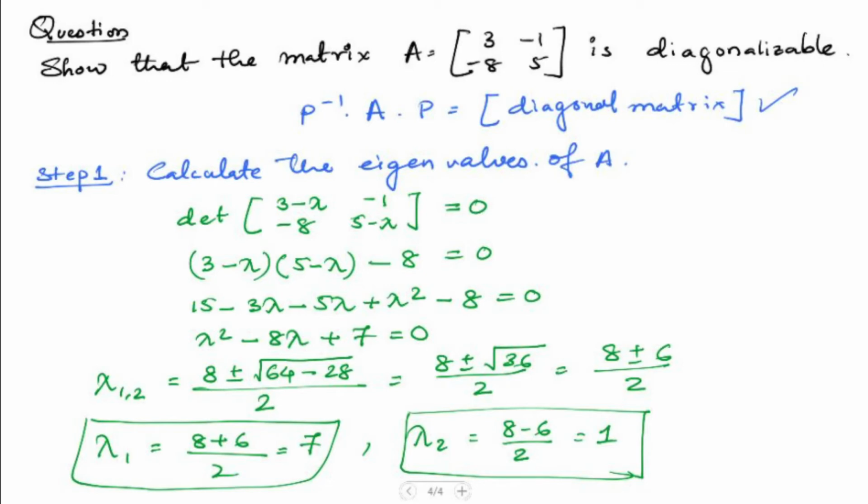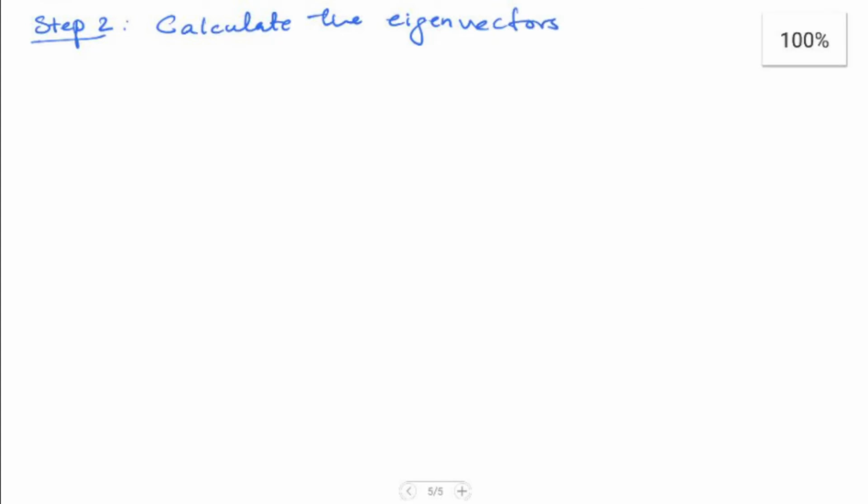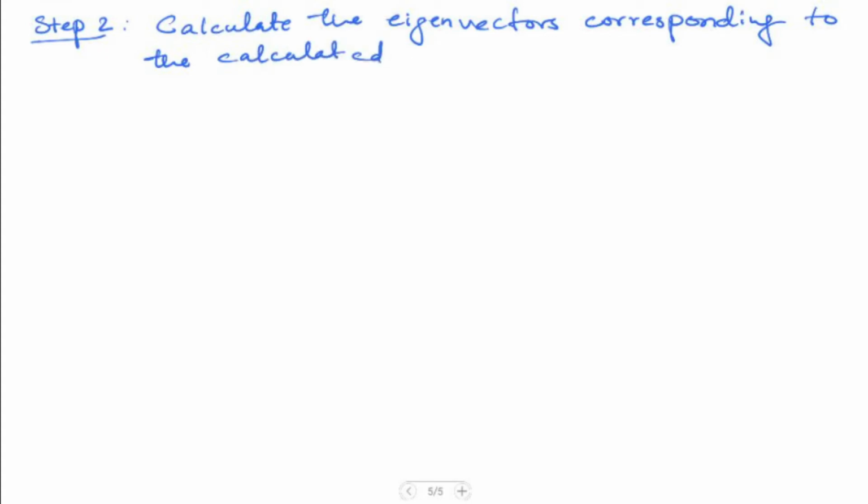Now let's go to the second step. Step 2 is to calculate the eigenvectors corresponding to the calculated eigenvalues.